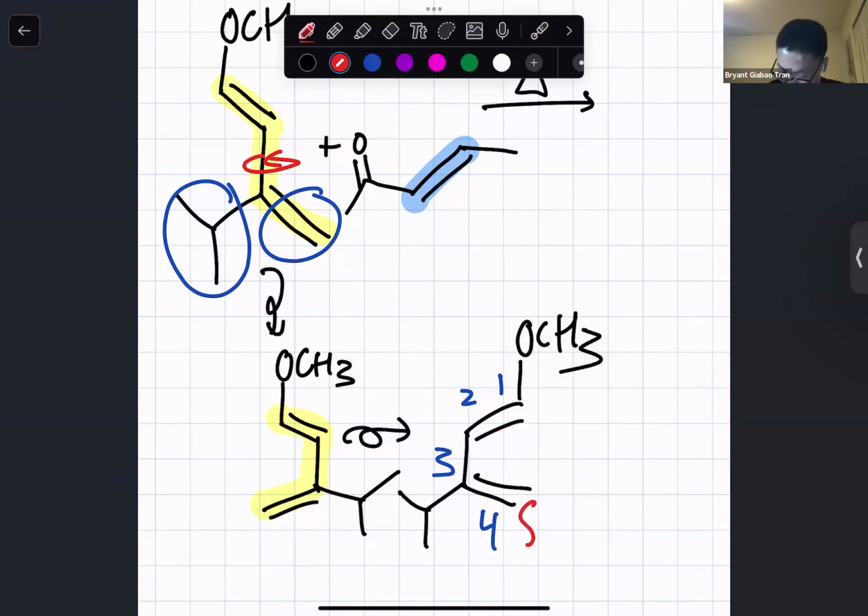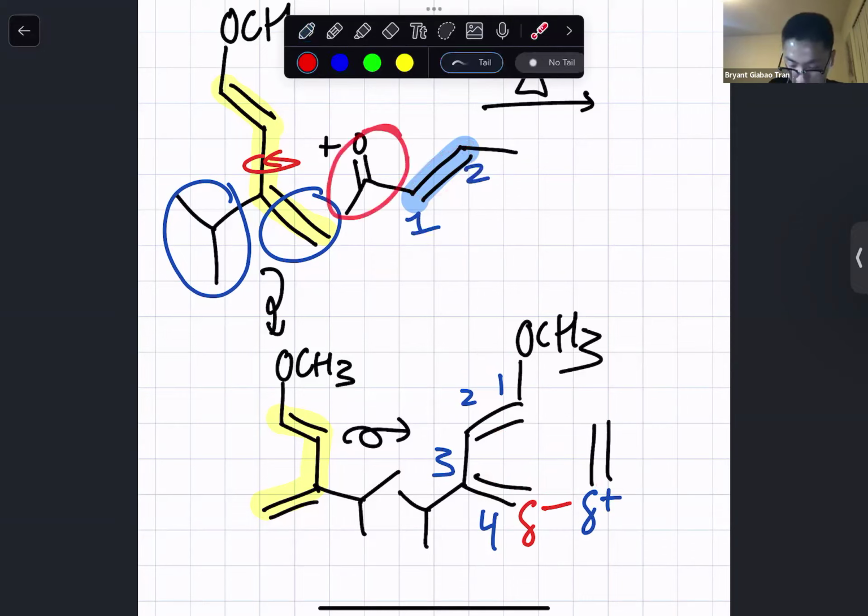That's right. That means that we want our dienophile to have the positive charge on the bottom right there, right? But we have to figure out which carbon is our positive charge. Let's say this is 1 and 2. Where would our positive charge be, dependent on this EWG here? Think about the resonance structure here.